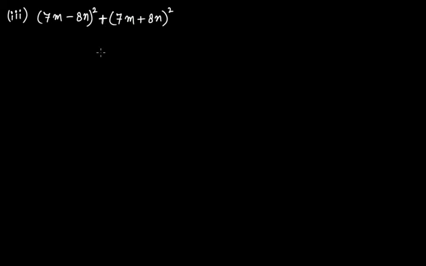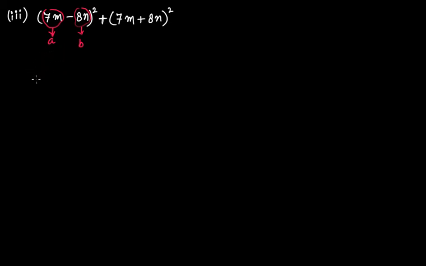Well, in that case, here this is 7m and this is 8n. Think that this is a and this is b. So this is basically of the form (a minus b) whole squared.